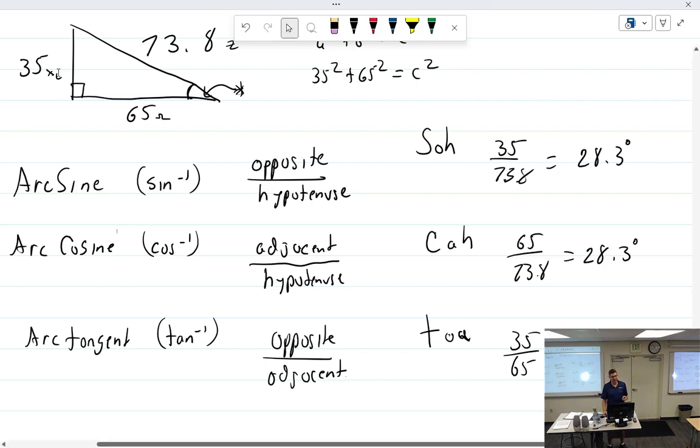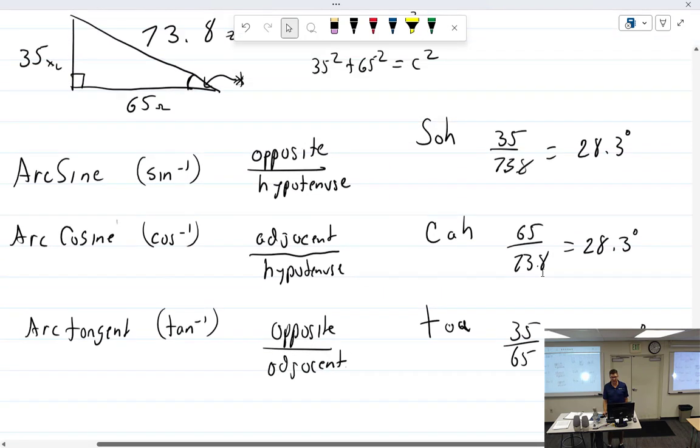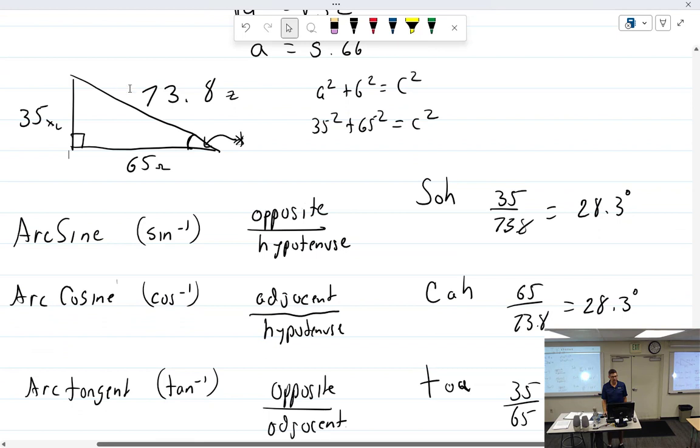But if you use tangent, which is opposite over adjacent, not hypotenuse dependent, you'll get that answer right. Then you could take it one step further and say, if I've got 28.3 right here using that, let me plug in my hypotenuse and see if I get the same answer. And if using the hypotenuse comes out way off, you're like, whoa, wait a minute, I screwed up somewhere, and you can back up and check yourself.